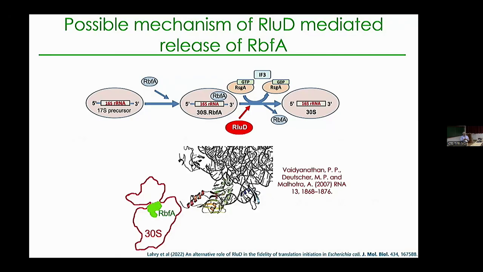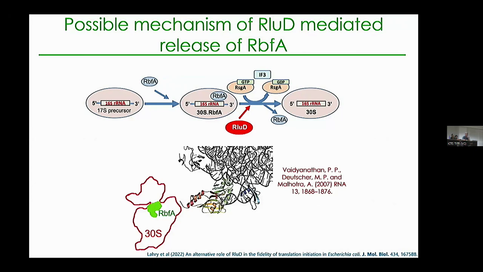But RLUD binds to helix 69, right? Correct. In the 23S ribosomal RNA, right? Yes, that's right. But in this model, I'm very confused. So there is no 50S, I mean, right? Oh, there is 50S. The 50S will come.